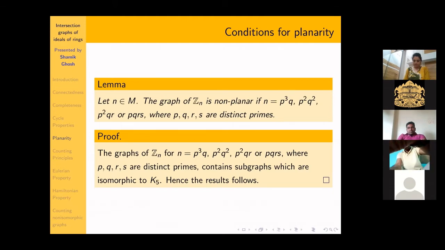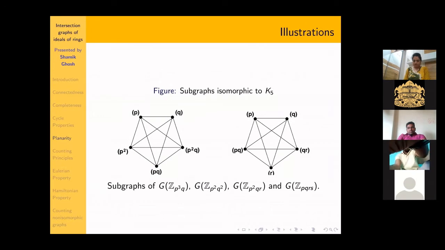The proof is very simple, because in the left graph, you are seeing subgraphs that are isomorphic to K5, and this is for all the first 3 cases, p cube q, p square q square, and p square qr. You see that the graphs generated by the ideals p, q, p square q, and pq, they are forming a clique of 5 vertices.